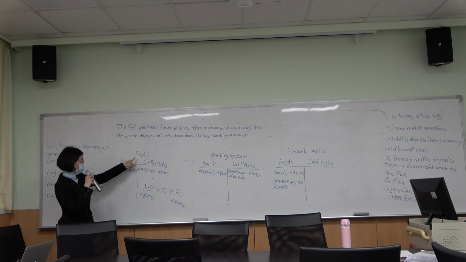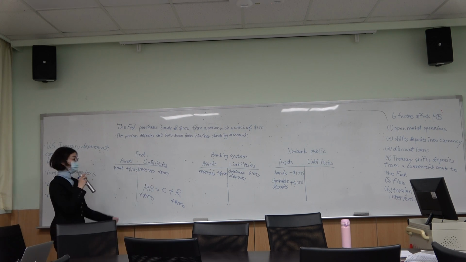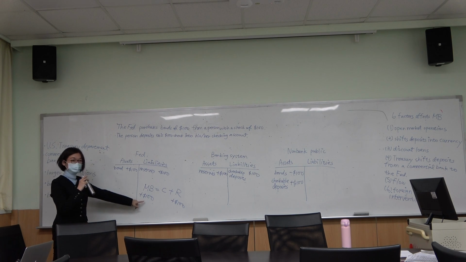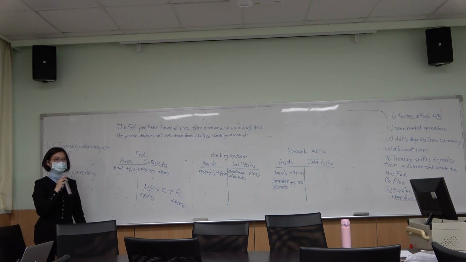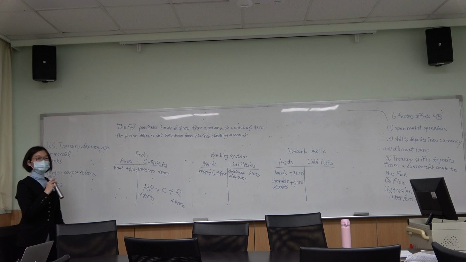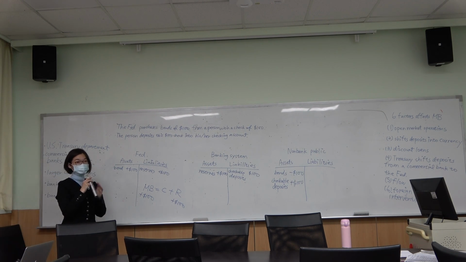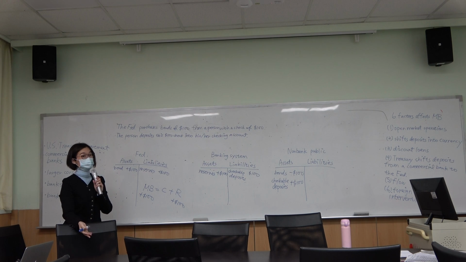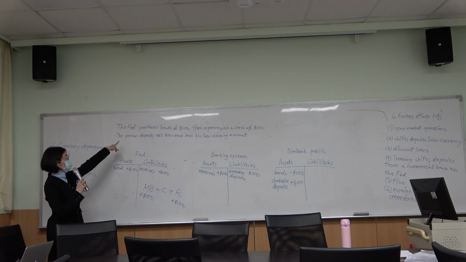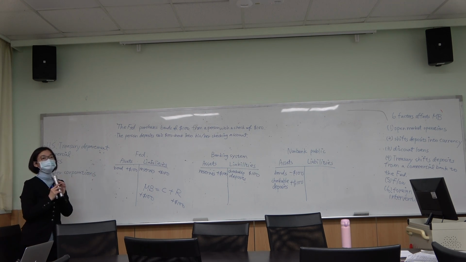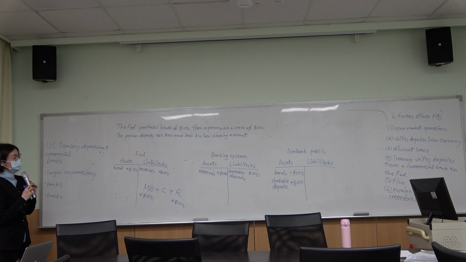Then the reserves in the Federal Reserve will decline by $100, and we will see a decrease of $100 in the monetary base. An increase or decrease? Decrease. In that case, the Fed conducts an open market sale. What I wrote down on the blackboard is an open market purchase.